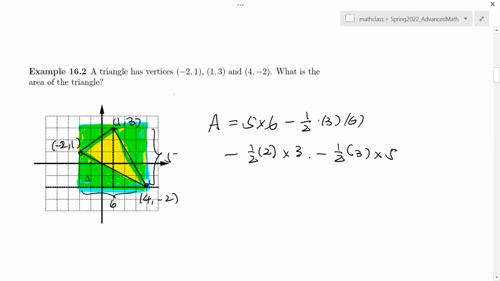Then you simplify it. I'm going to get 30 minus 9, minus 3, minus the fraction 15/2. After you simplify it, 30 minus 12 is going to be 18.